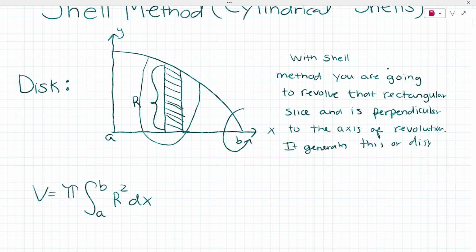Okay, with the disk and washer methods, you're revolving a rectangular slice that is perpendicular to the axis of revolution. It creates this ring or disk.